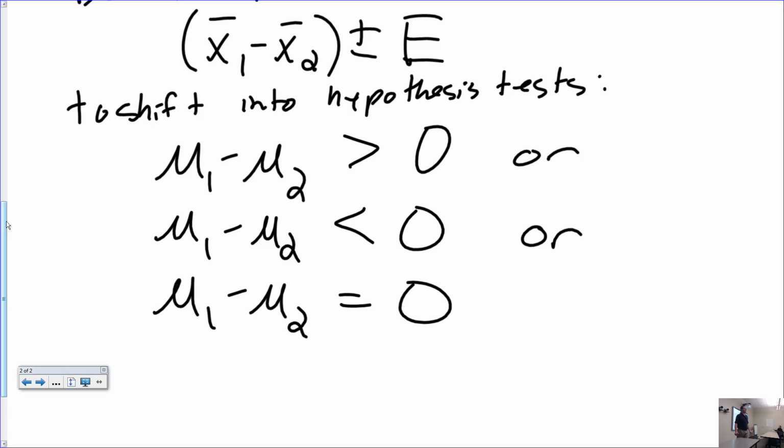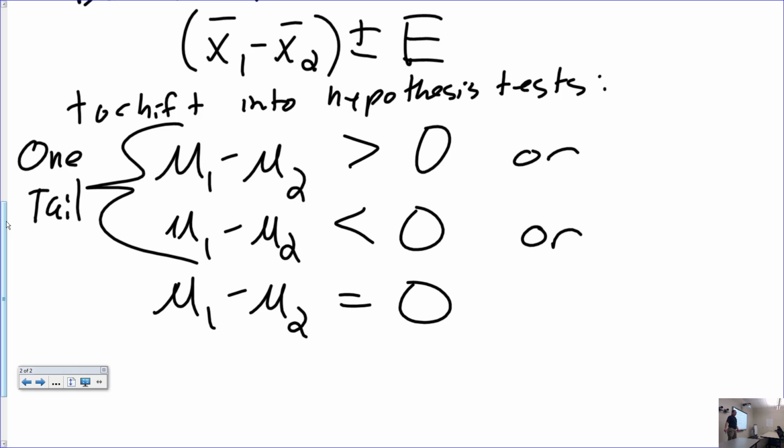Why do you think I wrote each one of those up there? They're all going to be slightly different. So when we're doing greater than or less than, these are going to be one-tail tests. So you're only going to be checking whether or not your statistics are greater than if you're doing greater than, or less than if you're doing less than.